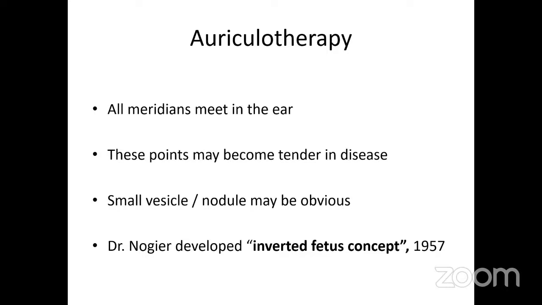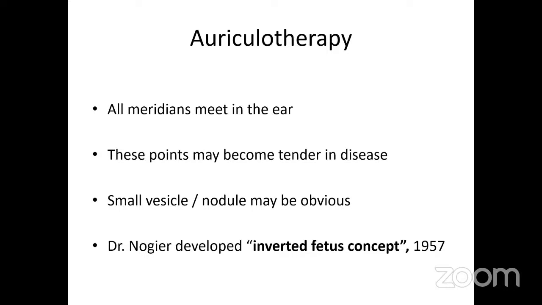And this was further investigated by Dr. Paul Nogier. He was a Frenchman, and he developed the concept of the inverted fetus. That means the entire body is represented in the ear, and the body is represented as an inverted fetus. The only difference being here the fetus is not in flexion as it is in the uterus, but it is in extension.